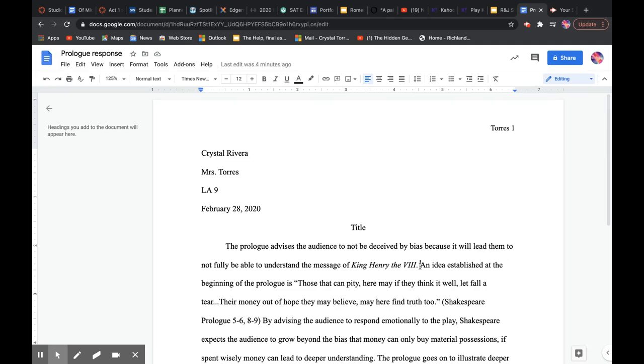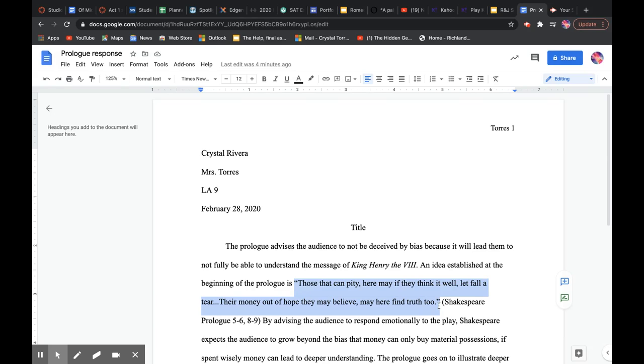So I establish that by saying, "an idea established at the beginning of the prologue is." And then I insert my quote with quotation marks so that it is known that this is coming directly from that play. "Those that can pity here may, if they think it well, let fall a tear. Their money out of hope they may believe, may here find truth too."